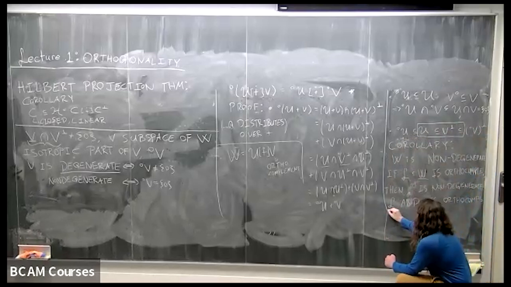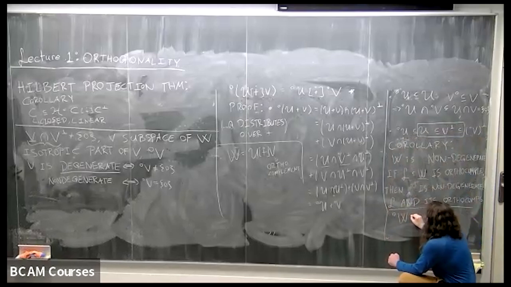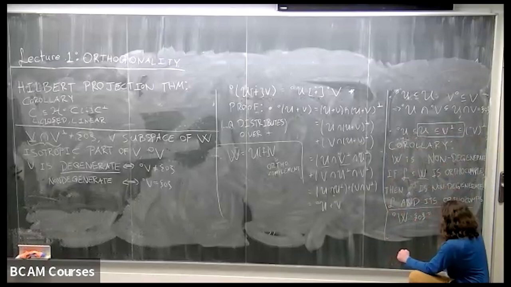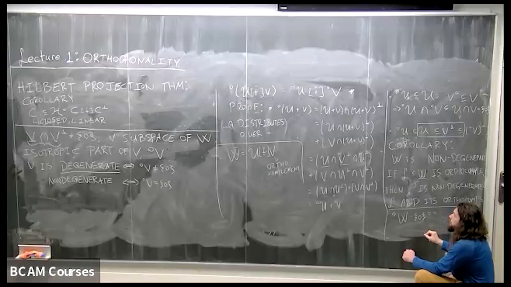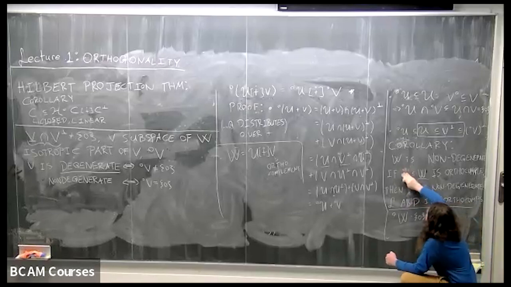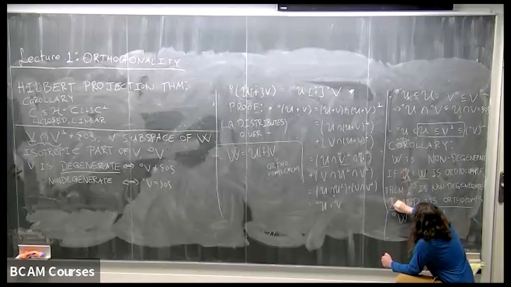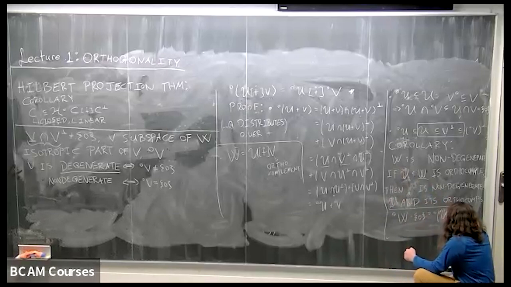So I have 0, but by definition of orthocomplementation, this space W is equivalent to the orthogonal direct sum of, to be consistent, I can go back to calling it U. But because of the lemma, we have this relationship.